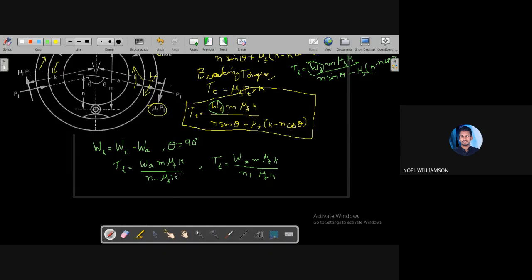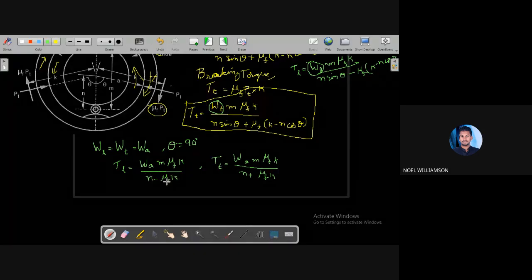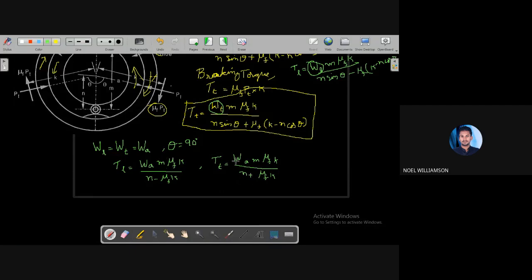Now by seeing this, you can get an idea. The value of N is already positive, that is it is a distance, the distance from the pivot joint to the center. So N is always positive, mu is always positive, and the value of K is also positive. So N minus mu K will always be lesser than N plus mu K, and the numerators are the same.